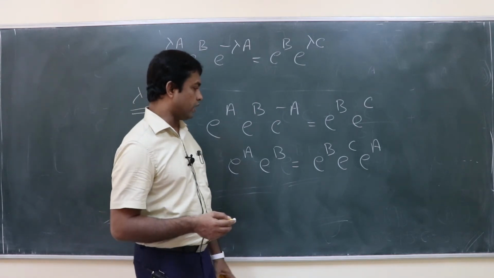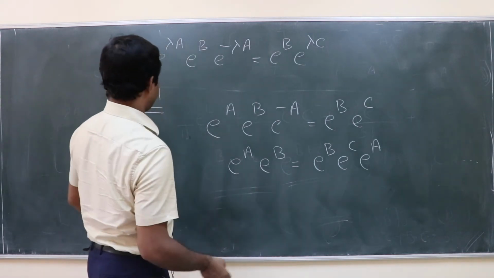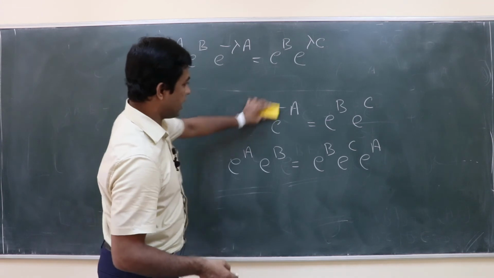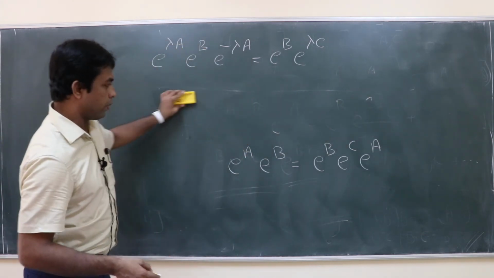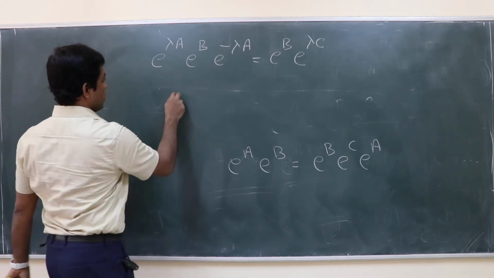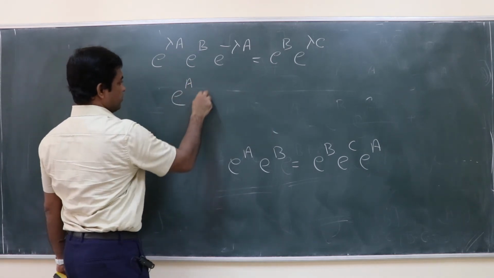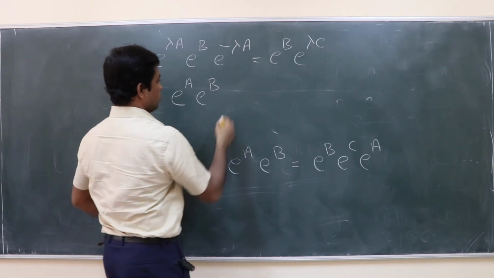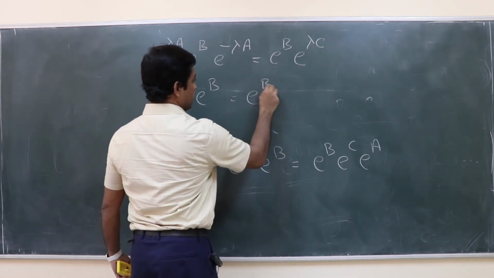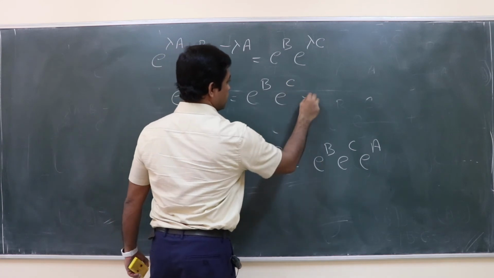So now this formula will be useful to derive the Weyl form of the canonical operators. So now write down that e^a e^b equal to e^b e^c e^a.